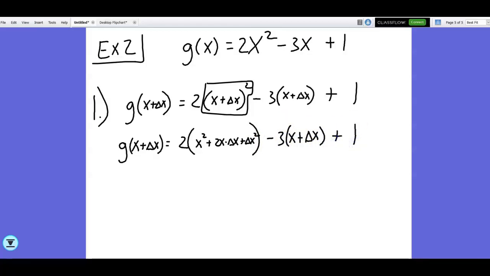The next thing I'm going to do is distribute. So here I'm going to distribute a 2 into the parentheses. And here I'm going to distribute a negative 3 into the parentheses.